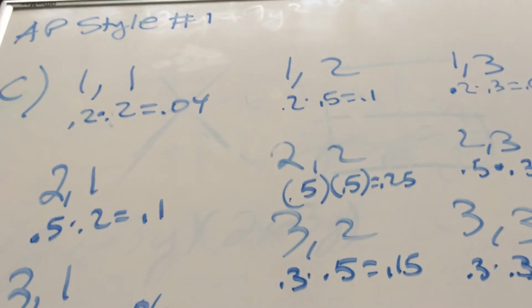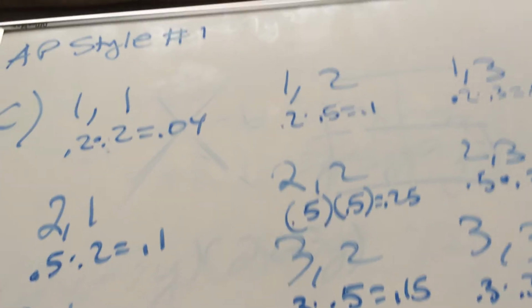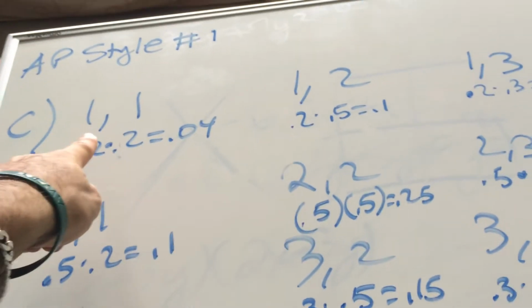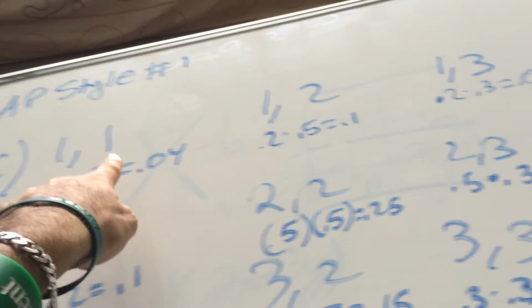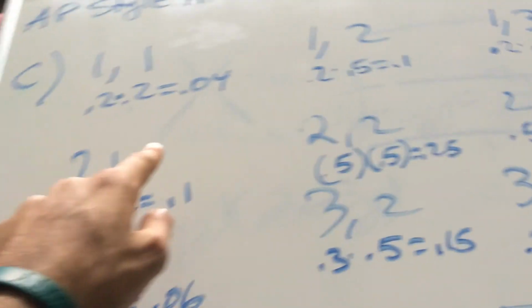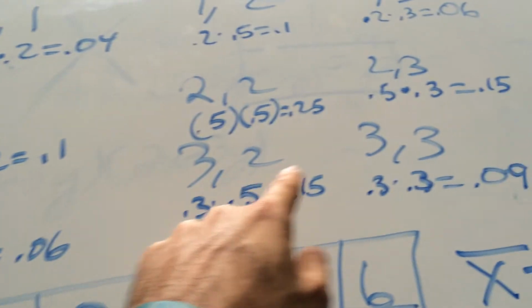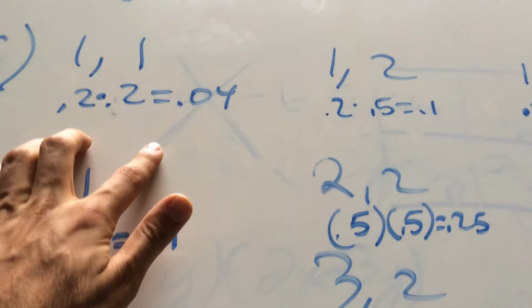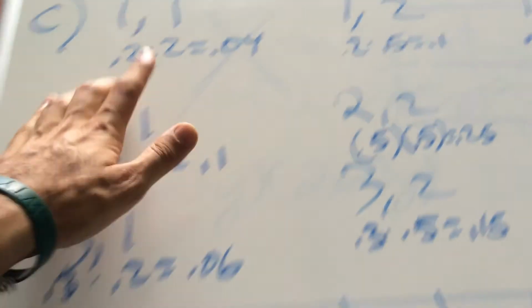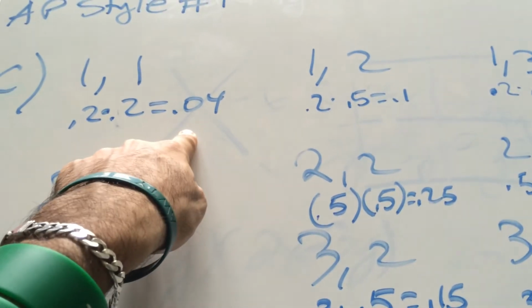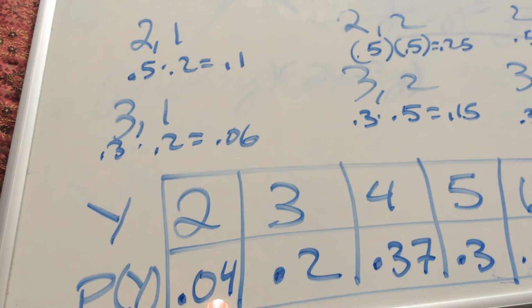Now, what are the possible values for y? In this case, y equals 2, and that is the only case where y equals 2. Then y equals 3, y equals 4, y equals 3, y equals 4, y equals 5, y equals 4, y equals 5, y equals 6. So the probability y is 2 is just 0.04.